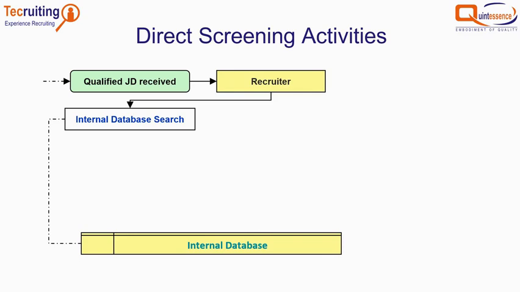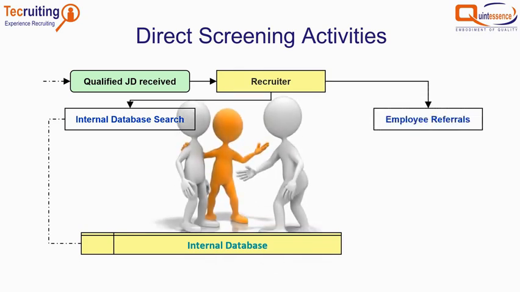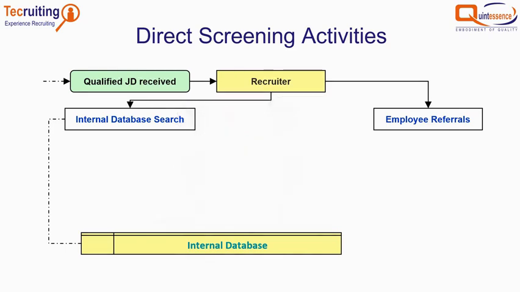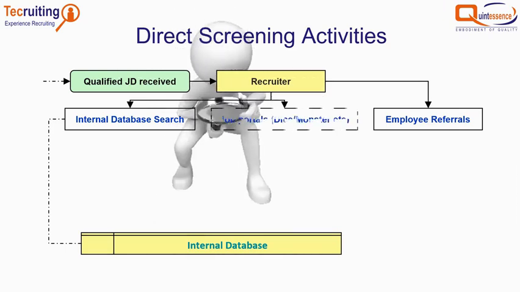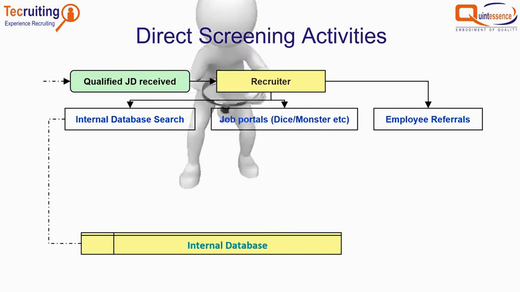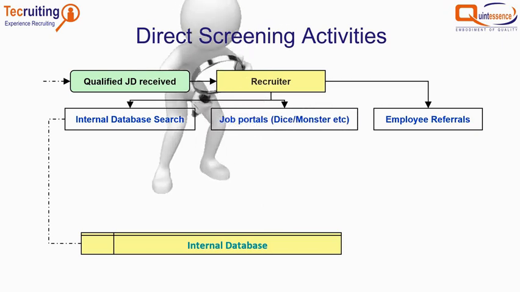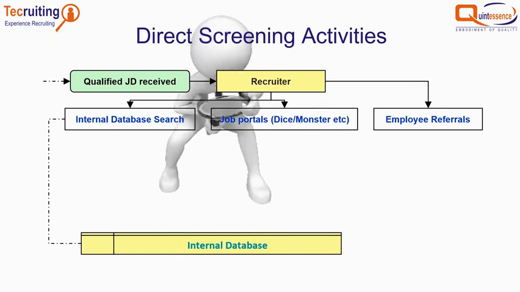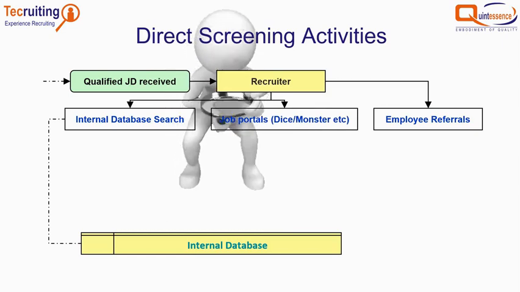Also, it is at this point of time the recruiter should float the JD or the requirement to the existing employees for referral, as it is the fastest way of getting to the right candidates with minimal effort. The recruiter also goes on to search for active candidates on job portals or social networking websites who are looking for a change and may be a good fit for the open positions.